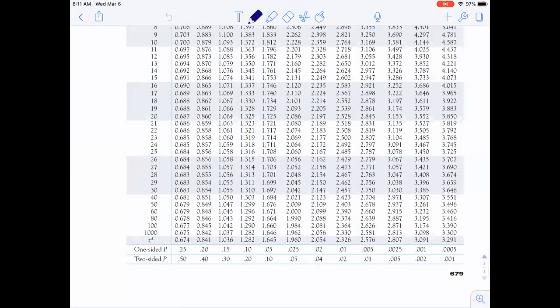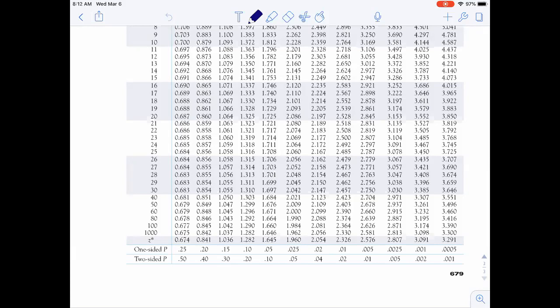We're between these two values, 0.849 and 1.047, so if we roll down to the one-sided P, we see that our one-sided P is somewhere between 0.15 and 0.2. Because of the way we've set up our symbols, we have to read from right to left, because this one's smaller than this one.